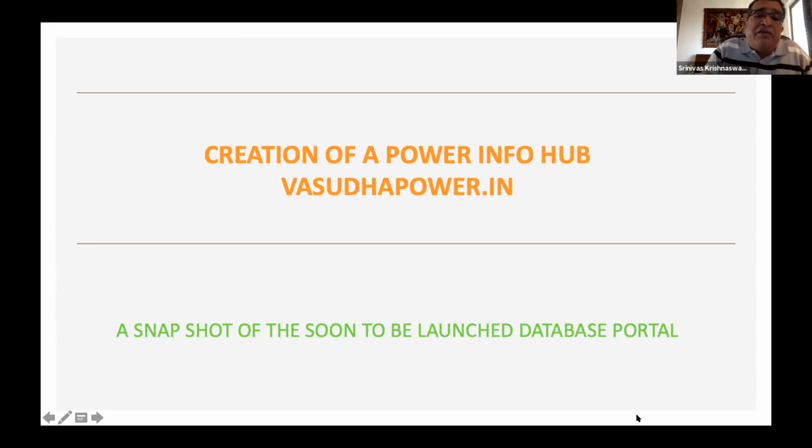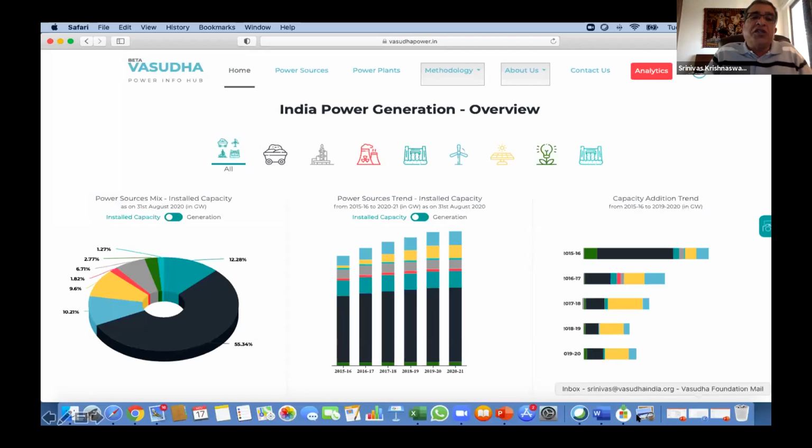Right now, the website is live, but it's still a beta site. As we talk, there's a lot of progress going on. It's called vasudhapower.in. Do feel free to browse the website, and do feel free to contact us if you have any suggestions on the site. This is the look and feel of the homepage.